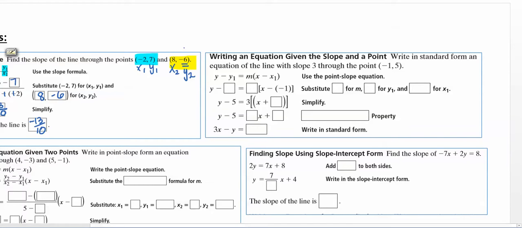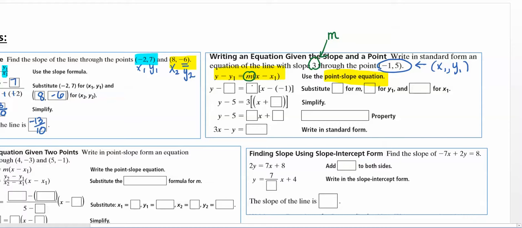So we're going to be using the point-slope equation, which was this right here. What we need is a point and a slope, hence the name point-slope. So the point that they give us is negative 1, 5. This is your x1, y1. It's any point on the line. And the slope that they give us is 3. That's your m.